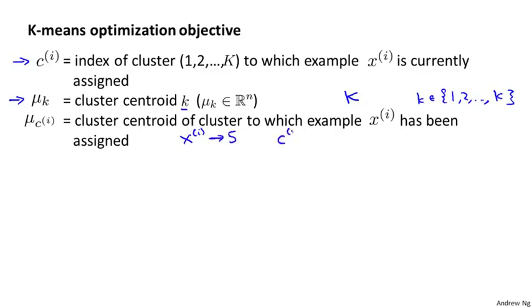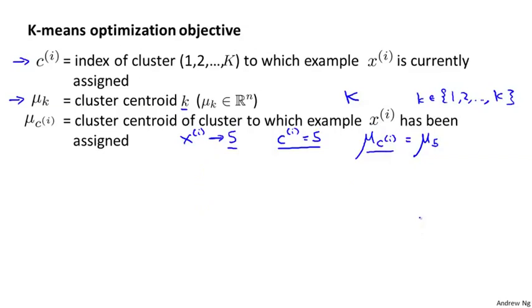What that means is that c^(i), that is the index of x^(i), is equal to 5, because having c^(i) equal 5 is what it means for the example x^(i) to be assigned to cluster number 5. And so mu subscript c^(i) is going to be equal to mu subscript 5, because c^(i) is equal to 5. So this mu subscript c^(i) is the cluster centroid of cluster number 5, which is the cluster to which my example x^(i) has been assigned.